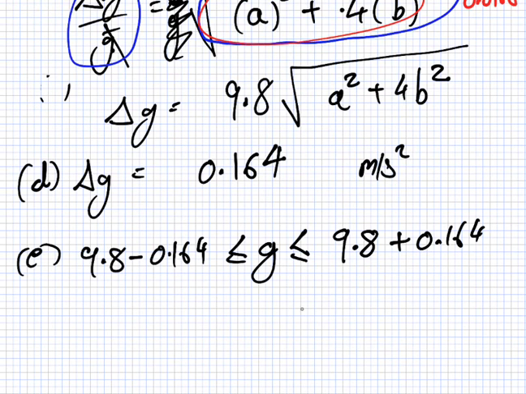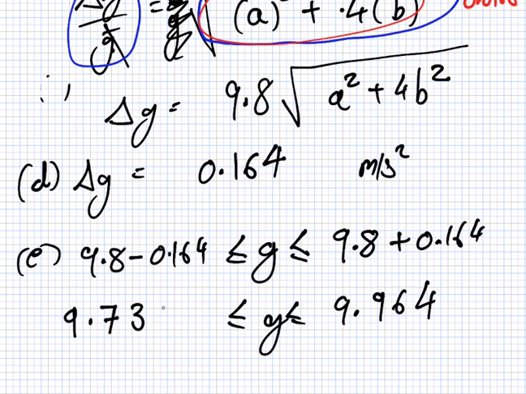Okay, what are the two numbers here, please? 9.964, and then here 9.736. Is that right? Should be 6 or 3, 6. 9.736.